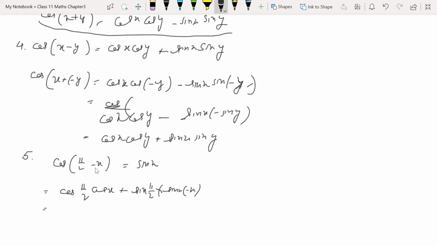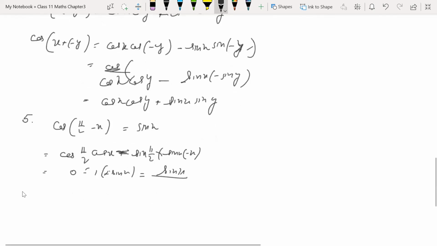Cos pi by 2 is 0, sin pi by 2 is 1, so it becomes minus sin x, minus plus, and it becomes sin x. Cos pi by 2 minus x is equal to sin x.